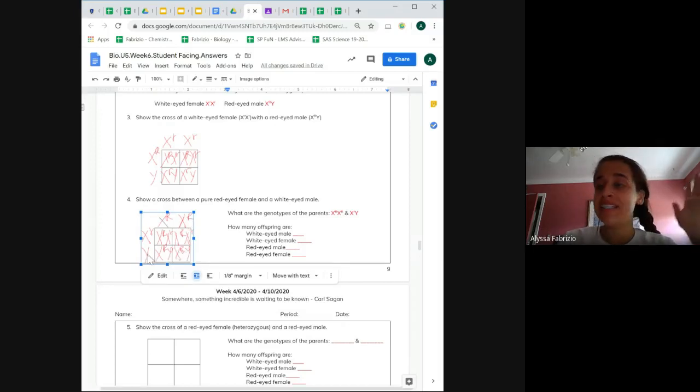Because if he's a male, then necessarily the father is giving a Y chromosome, whereas the X is coming from the mom, and the X is where these traits are coming from. Does that make sense? So if a male has a mother who's either a carrier or an expressor of a certain trait that is linked to the X chromosome, then the male may or may not have it depending on if she's heterozygous versus homozygous.